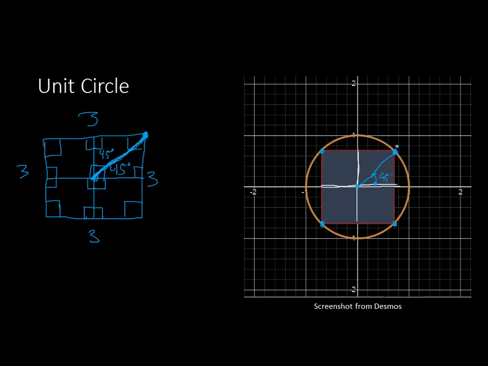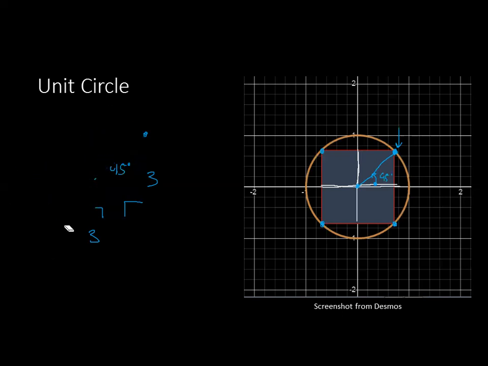So what's next? Let's find out the coordinates. Can you guess how you will find the coordinates? You don't know? Okay. This is where right triangles come in handy. And these are not just right triangles, but special right triangles.